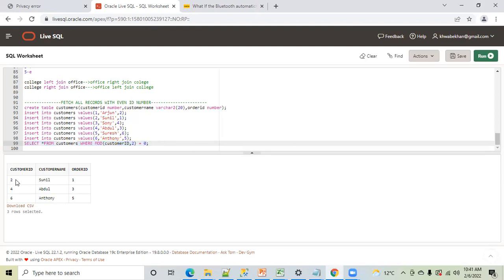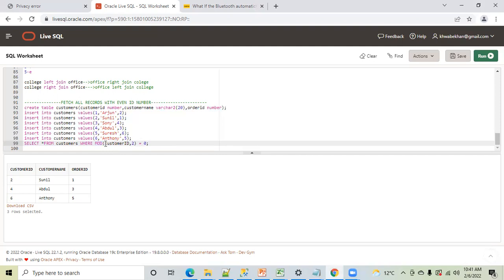Here you are getting customer ID 2, 4, 6. Why have you not got customer ID 1, 3, or 5? For even numbers, perfect. Very good. See, I have mentioned mod here. I have written customer ID comma 2 is equal to 0.